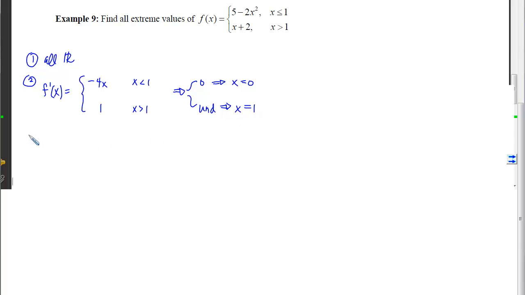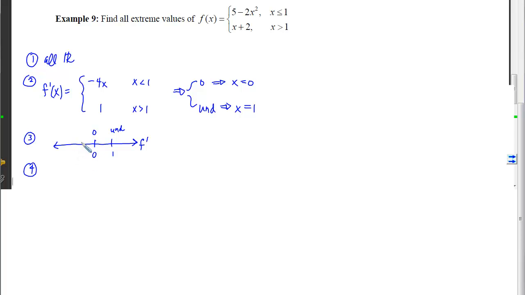So with step 3 now, I can sketch my f prime by looking at its sign chart. Domain is all reals. I've got critical values at 0 and at 1. At 1 it's undefined because I have a corner, and at 0 I get a flattening out.